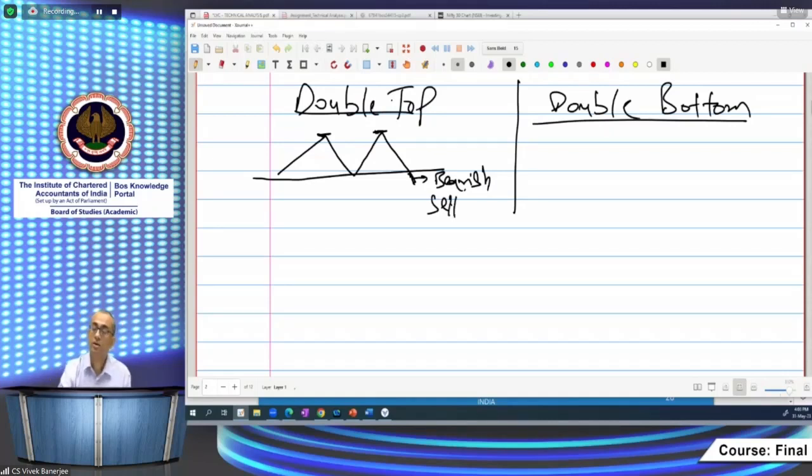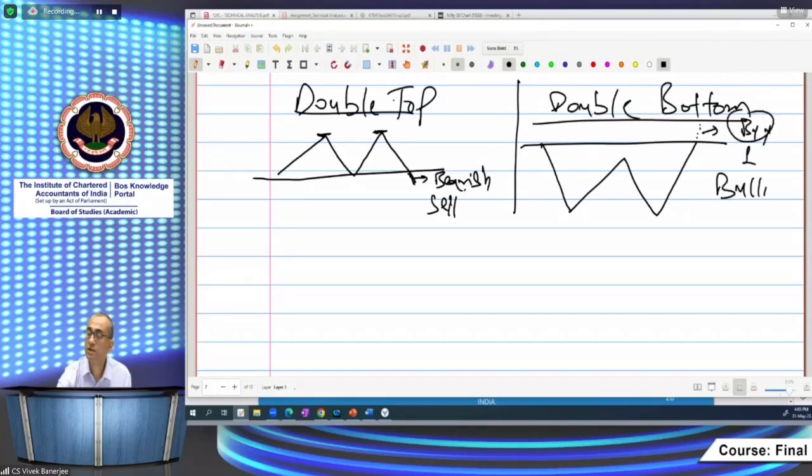Okay, now double bottom is the opposite of it. ये नेकलाइन है, तो नेकलाइन को जब भी ब्रीच करेगा, it is a buy signal and a bullish signal.